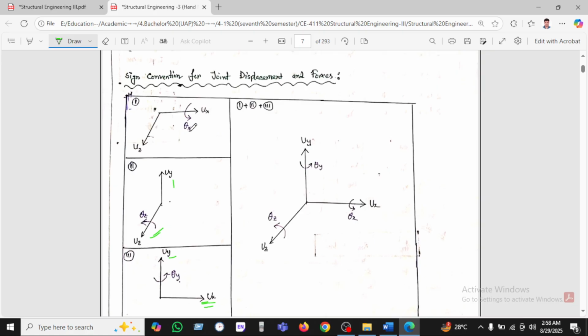So how can we take the sign convention? Rotation in the anti-clockwise direction, we have been taking as positive. It is also from the z direction, we have been taking the anti-clockwise, and the vertical also anti-clockwise. So all this sign convention is positive as anti-clockwise.